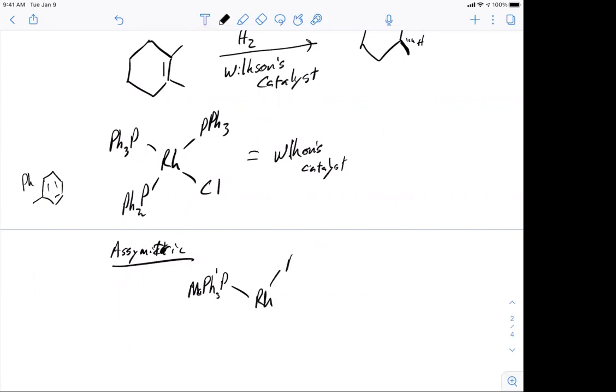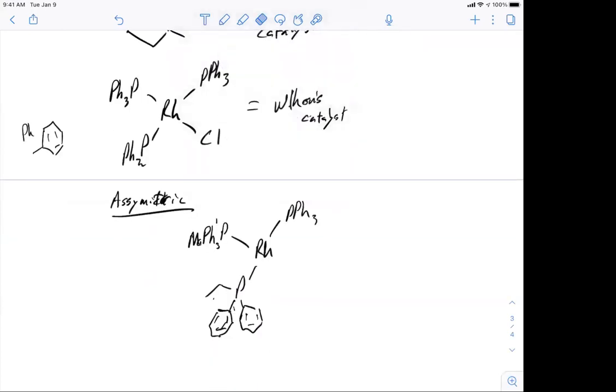I can start to create, it's ugly, so let's clean it up. I can create a chiral catalyst.